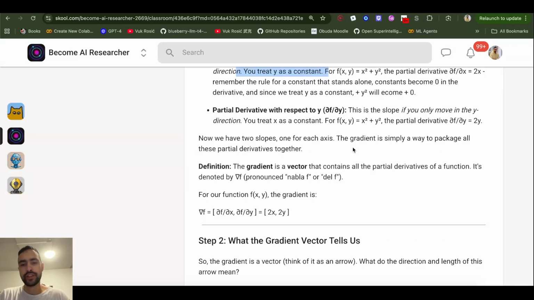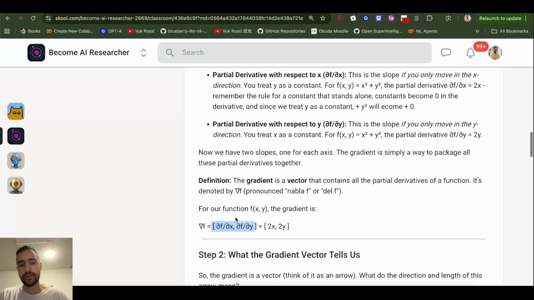And then, interesting thing, you can write the partial derivatives like this in a vector. If you put the partial derivative of the function with respect to x and the partial derivative of the function with respect to y in a vector array like this, that's called the gradient. So the gradient is just a vector, or we can also say, a bit less precisely, an array of partial derivatives.